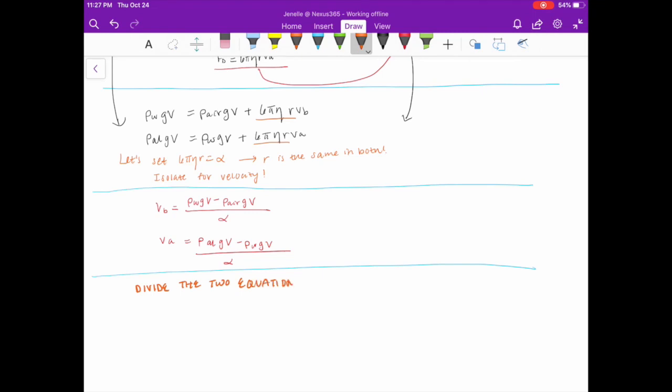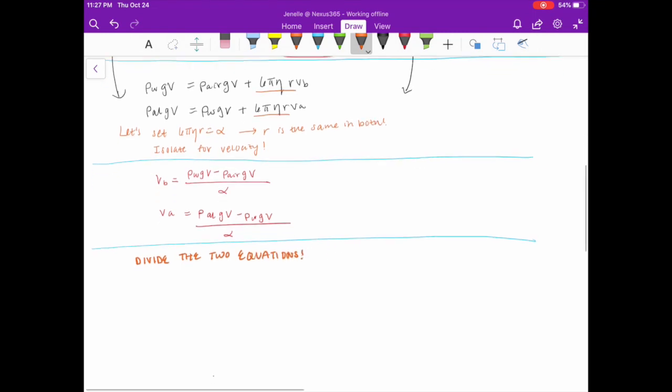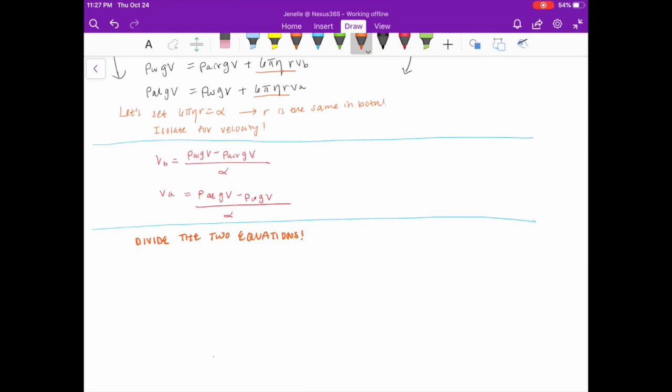Let's divide these two equations to cancel out the alphas and get a ratio between the velocity of the air bubble and the velocity of the aluminum sphere. Judging by the look of this equation, we can cancel out the gravity constant in the denominator and the numerator.